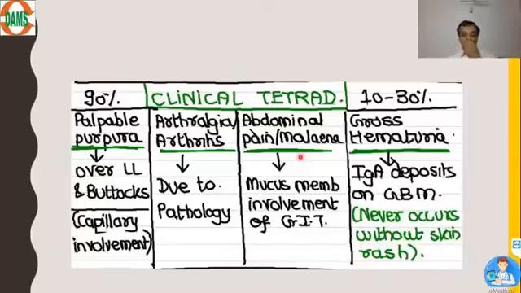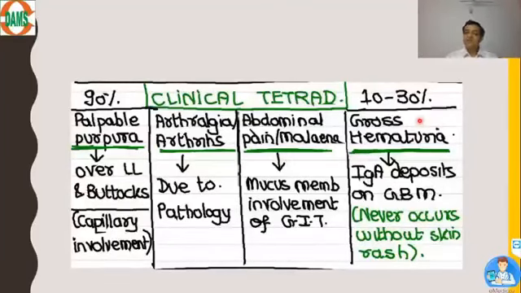Let's continue. The last manifestation: 10 to 30% present with gross hematuria. Gross hematuria is due to IgA deposits on the glomerular basement membrane.